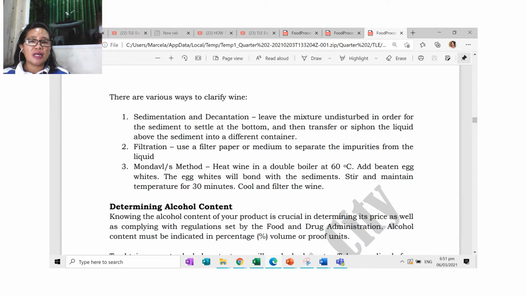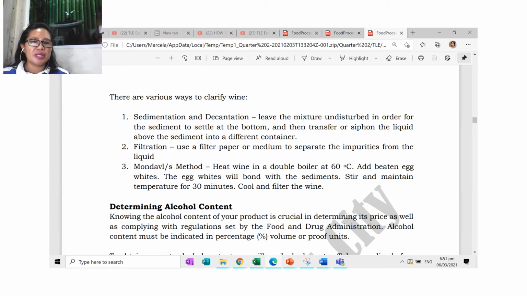And then transfer or siphon the liquid above the sediments into a different container. Number 2 is the filtration. Use a filter paper or medium to separate the impurities from the liquid.